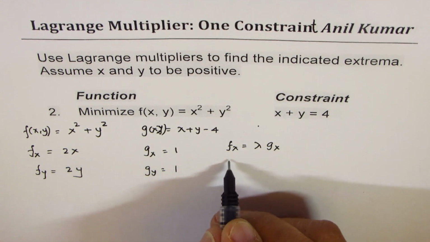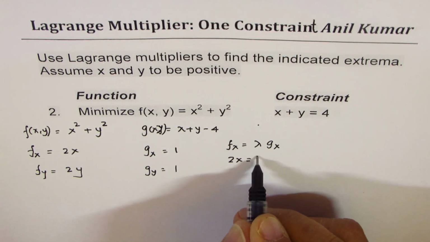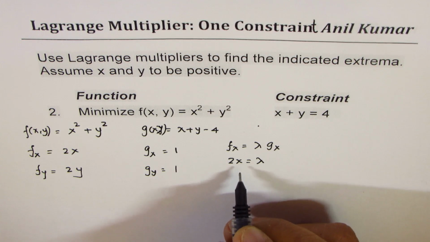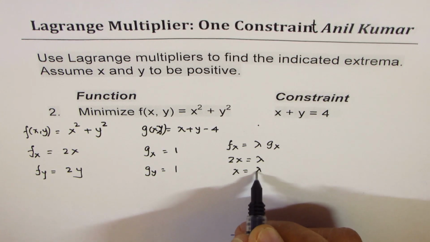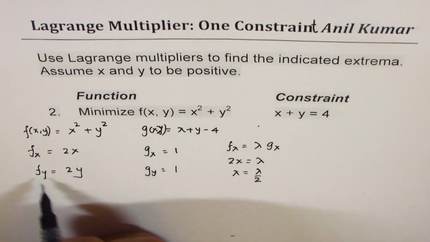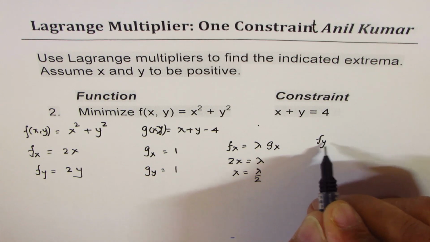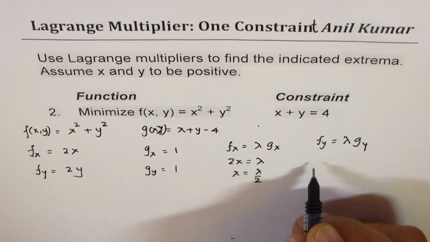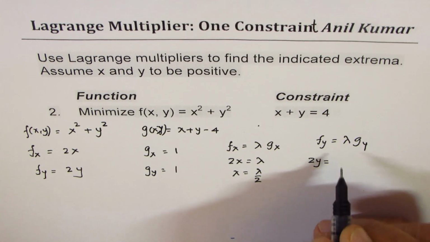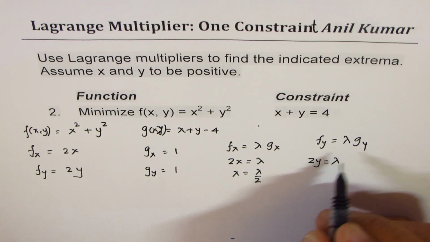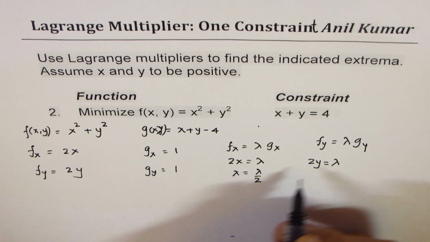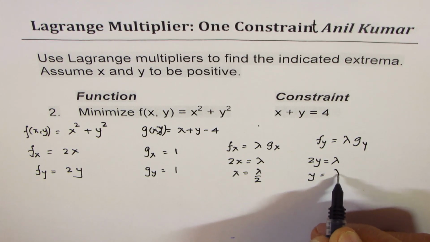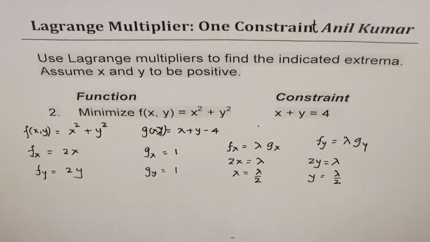And that means that 2x is equal to lambda, and that means x is equal to lambda by 2, correct? Similarly, f of y is equal to lambda times g of y. That means 2y is equal to lambda times g of y, which is 1, and so y is also equal to lambda by 2, correct?